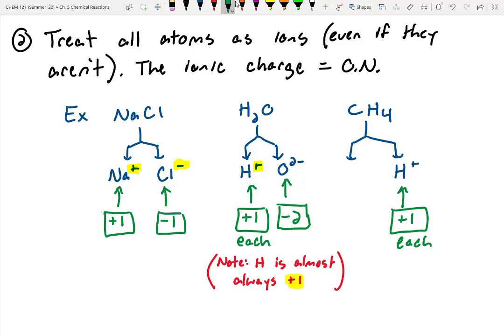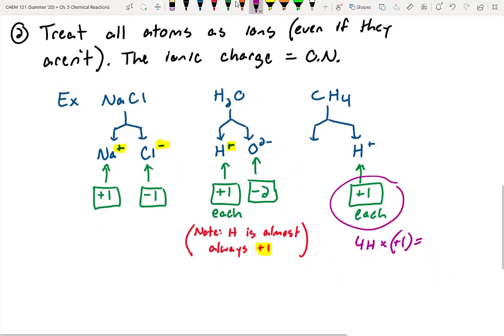If we look at carbon, it is in group 4A. So there's kind of this question, what ion would carbon form? And the reality is, well, it depends, right? If we've got 4 hydrogens times +1 each, that means that the net oxidation number for the hydrogens is going to be +4. Well, that gives us a big clue about the carbon, right? Because we want all of these to cancel out.